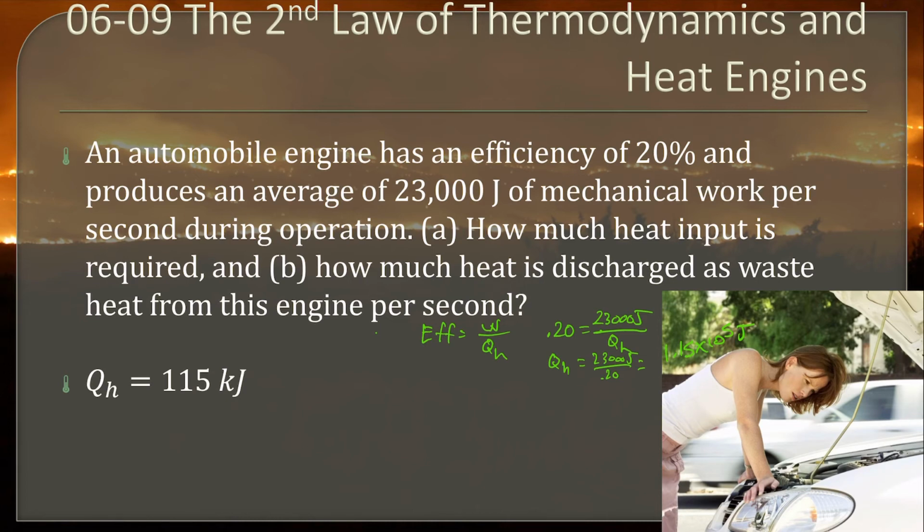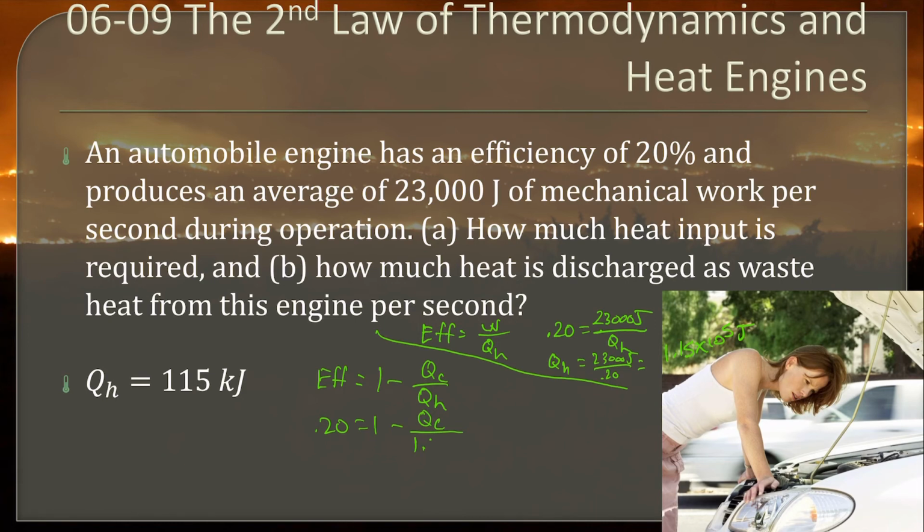Part B, how much heat is discharged as waste from this engine per second? All right, so our efficiency is also 1 minus QC over QH. Well, I know the QH and I know our efficiency, which is 0.2. I'm looking for the discharge going into the environment, the cooler heat.